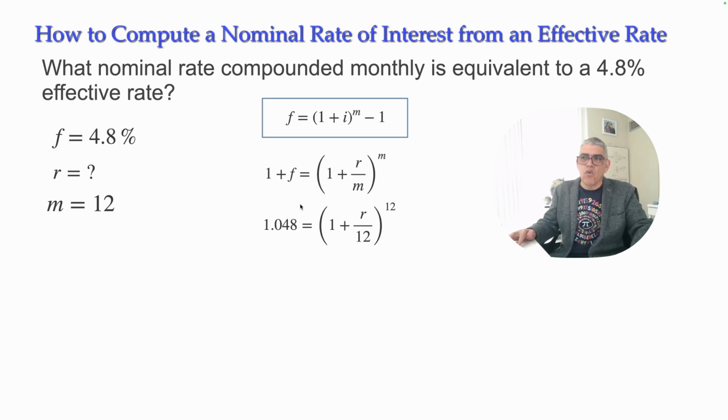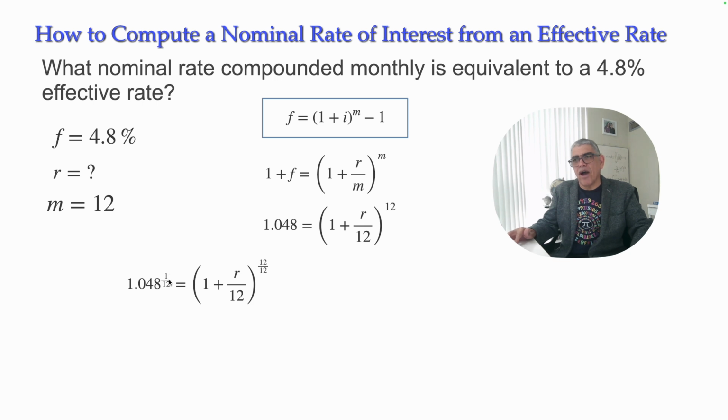This side will have 1 over 12 as the exponent. So we're going to have 1.048 to the power 1 over 12. So the exponent that was 1 is now divided by 12. And here the exponent that is 12, you divide it by 12, you get 12 over 12, that is 1. So you don't need to write this exponent now. So you can actually write 1.048 to the power 1 over 12 equals 1 plus R over 12.